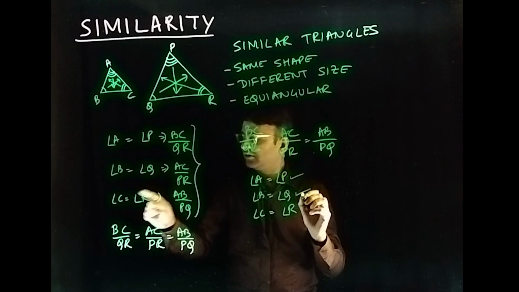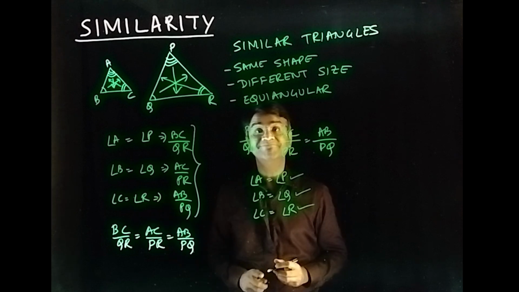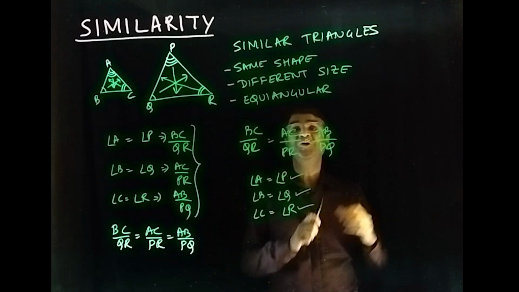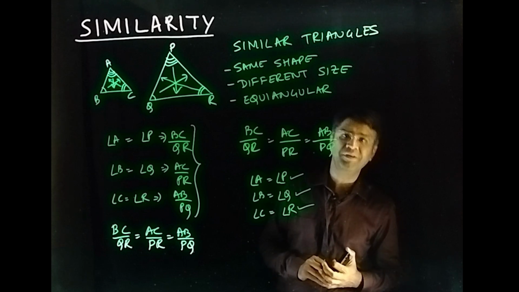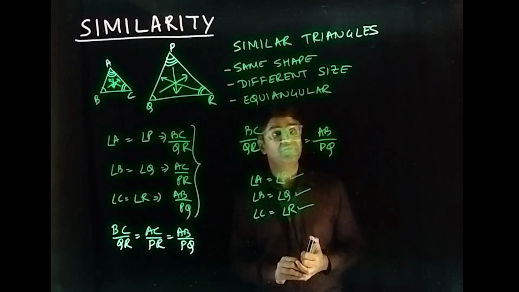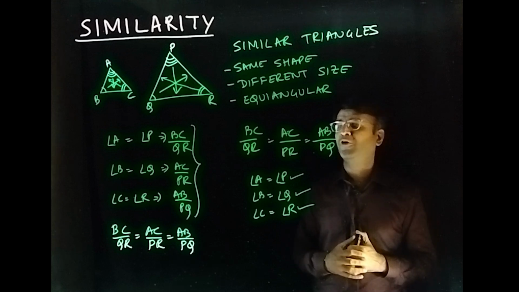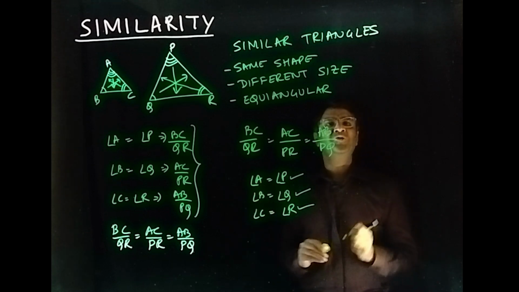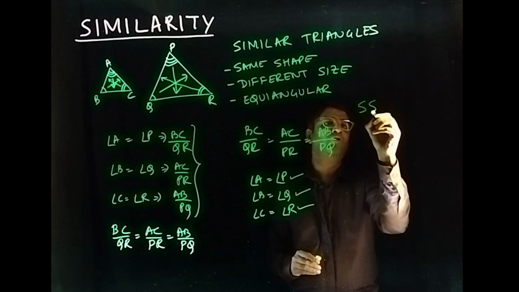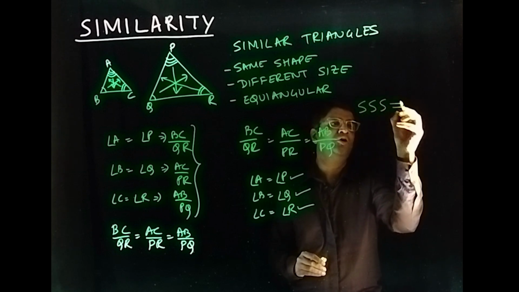Angle B equals angle Q. Angle C equals angle R. So you learned how to identify the equal angles using the proportional sides. That means what will you do? You will just look for the missing vertex. That's it.